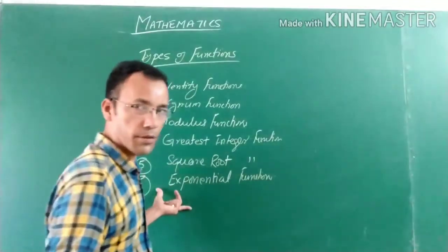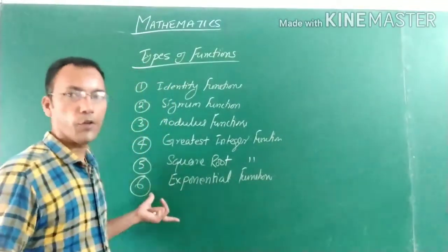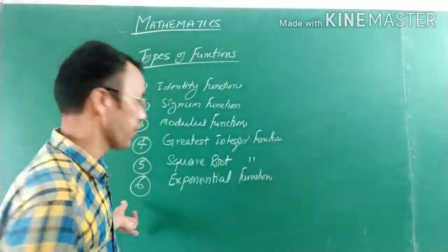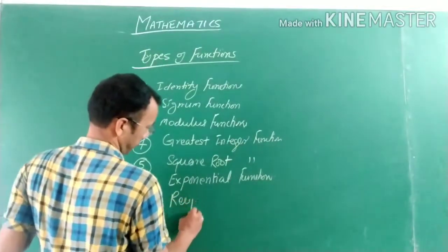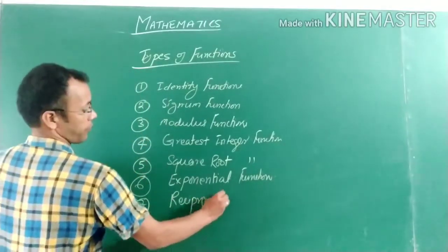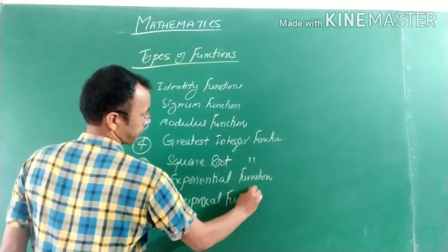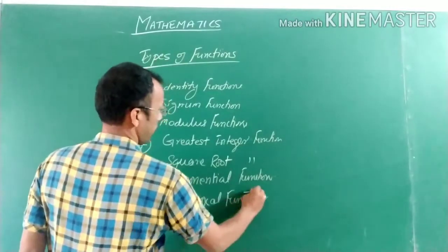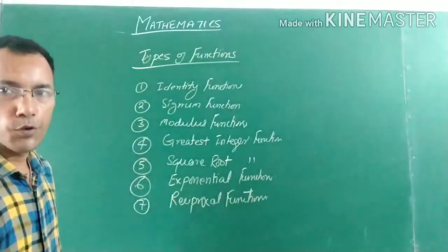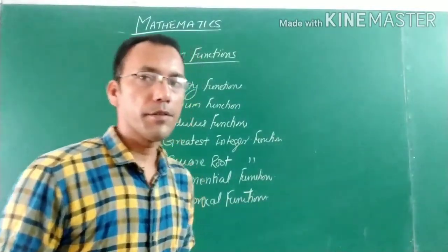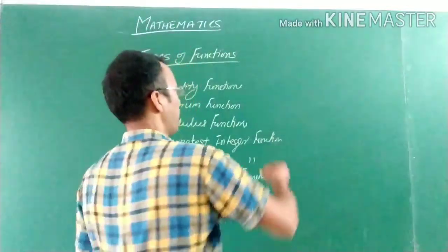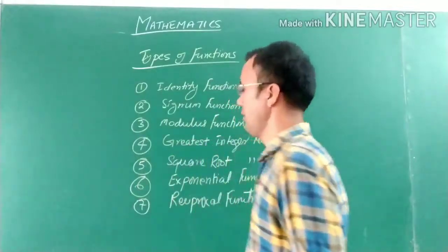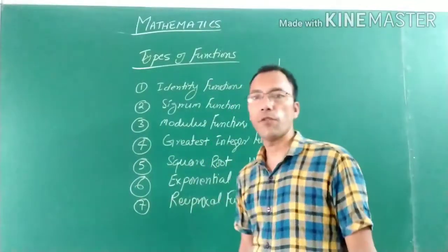Later on we can discuss the reciprocal function also, then cubic functions, cubic root functions, and polynomial functions. So there are a lot of functions, and first we are going to discuss these seven.